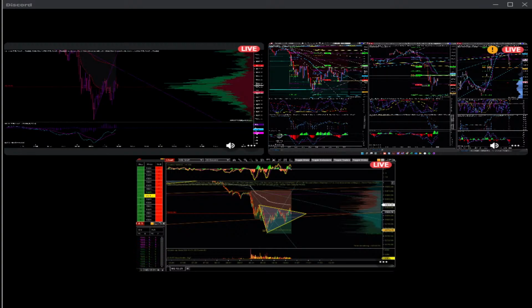What I'm talking about is when the triangle breaks to the upside, comes back to retest, and doesn't go up, then comes back down. I expect it to come back down to retest, and if it does not, what happens inside here is going to decide which way it goes. For me, that is a complete setup on a triangle.